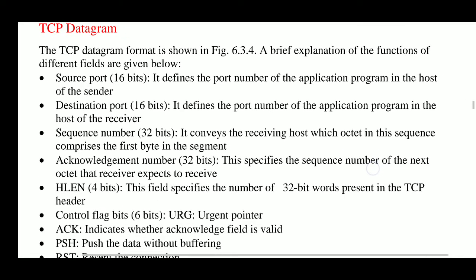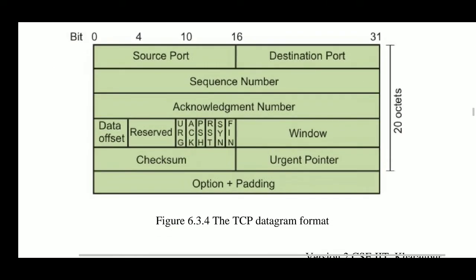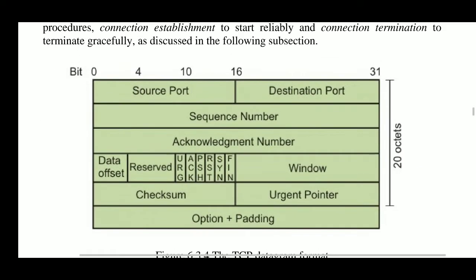So here we discuss the TCP datagram format. So this is the TCP datagram format, which is again a 32-bit format, and without options and padding, it needs minimum 20 octets. So first is the source port of 16 bits, which defines the port number of the application program in the host of the sender.